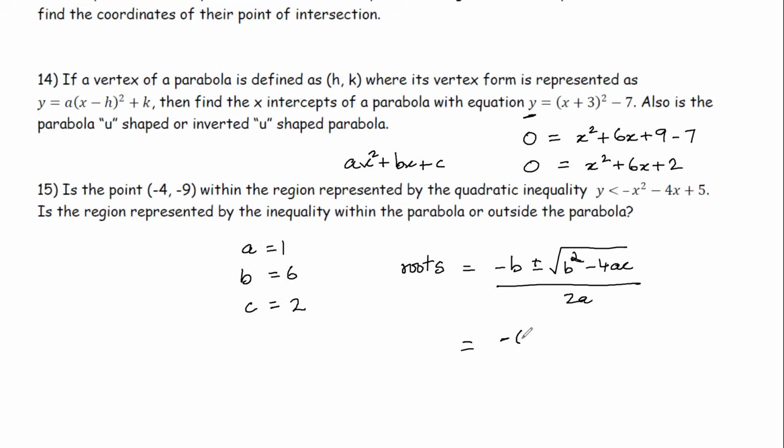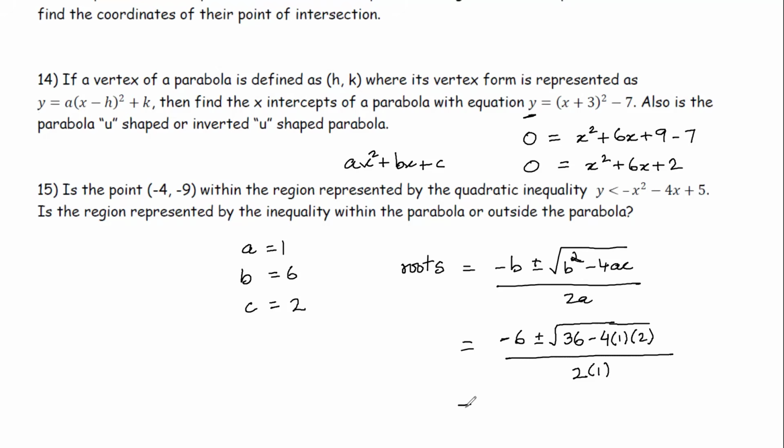Simply substitute these values in the formula. So minus 6 plus minus root of 36 minus 4 into a is 1 into c is 2, the whole thing upon 2 times 1.